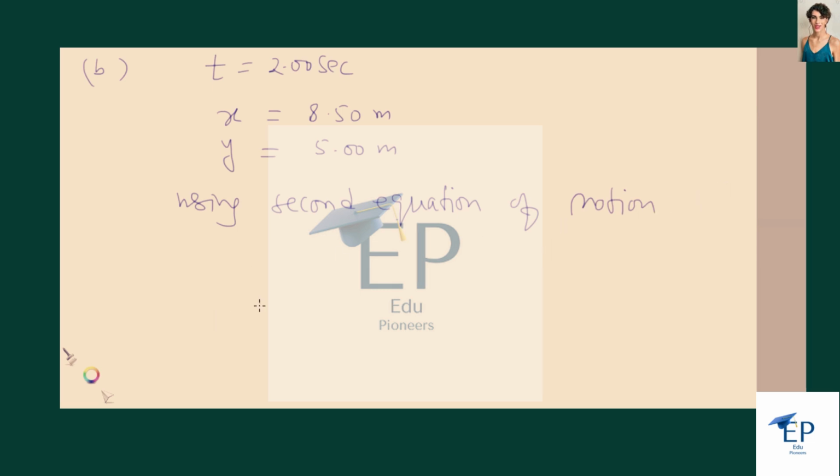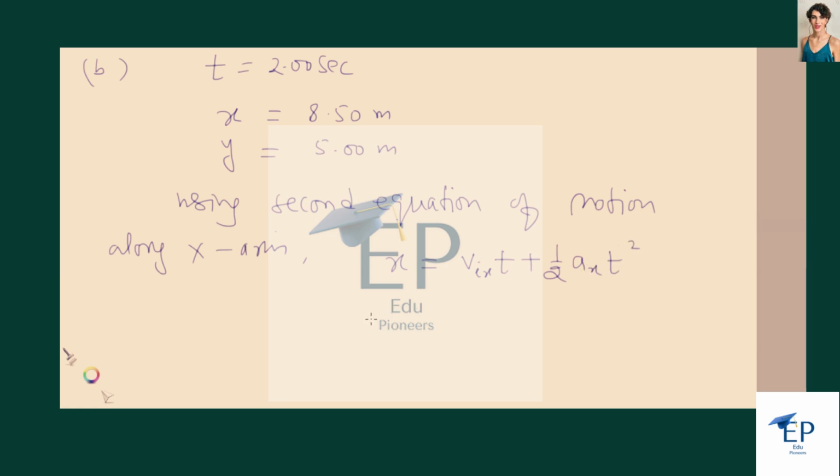As we know, force is given as the product of mass and acceleration as per Newton's second law of motion. So using the second equation of motion, first of all, along the x-axis, x is equal to Vix t plus half ax t square.